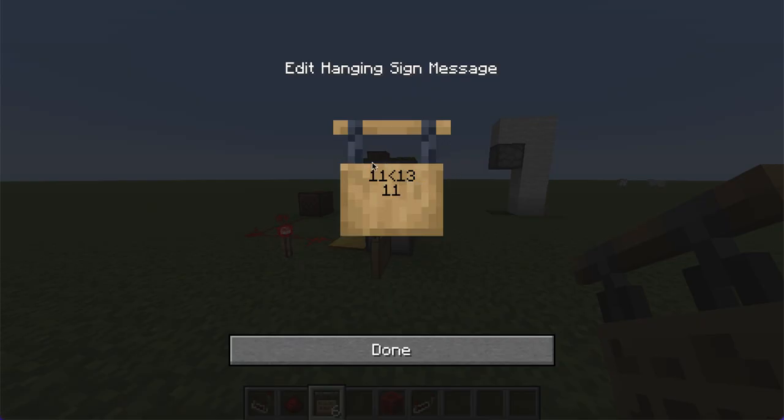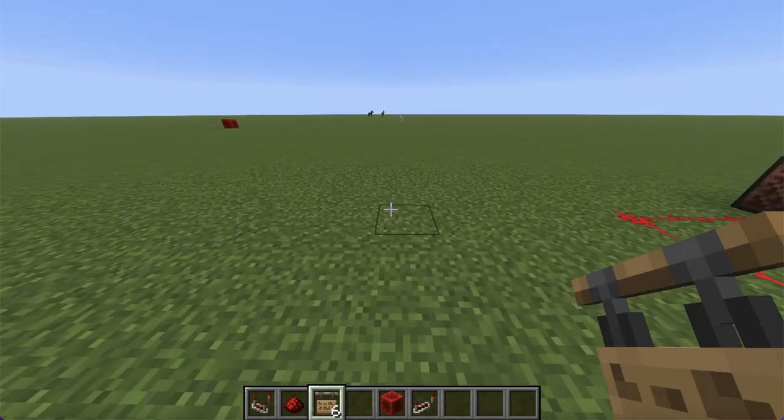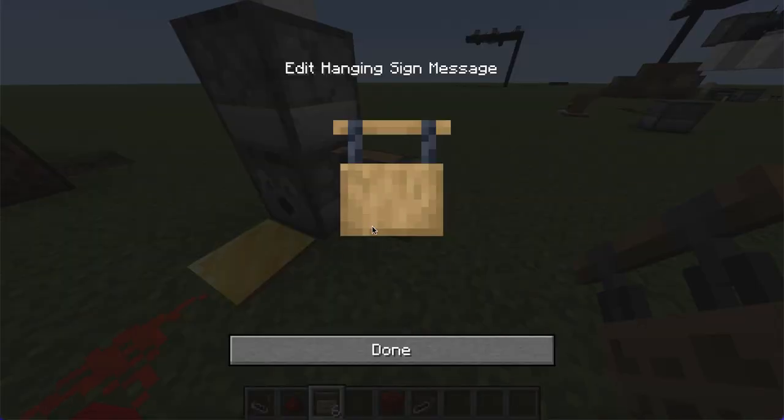But if 11 is greater than that number, then this number will be shown. And I think you'll get the same signal. On the other side, in subtract mode, 11 minus 4 will work. We'll get a signal of 7. But if we do 11 minus 13, we can't do negative numbers in this math, therefore it won't work.